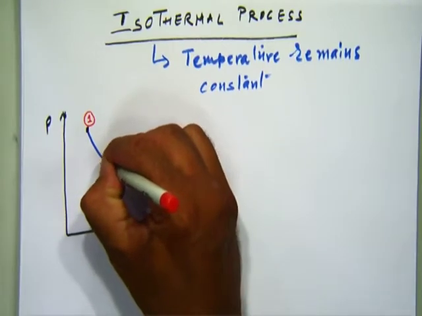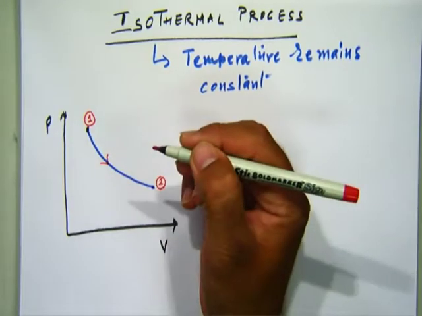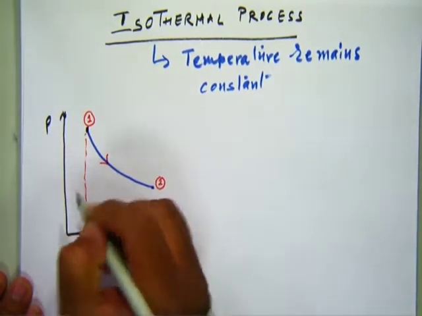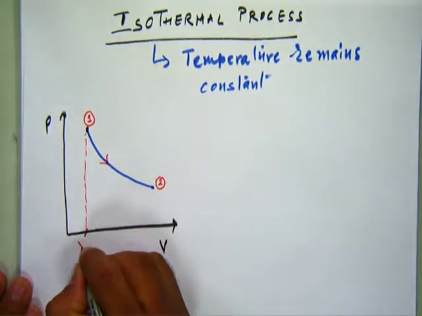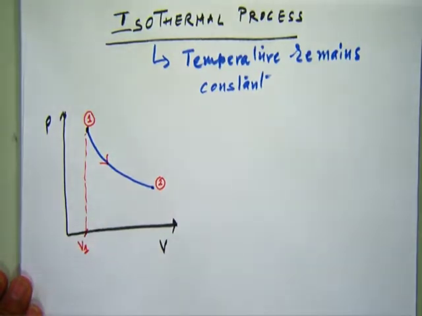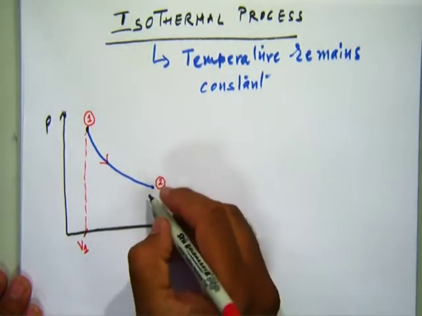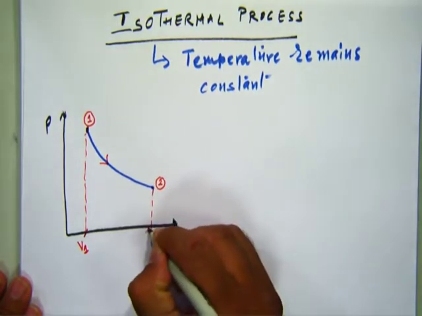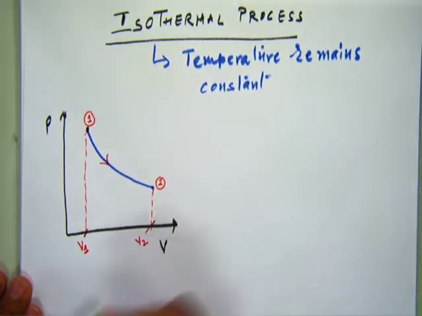In expansion, at point 1 the volume is V1. Expansion takes place, so at the end of the process, volume becomes V2.